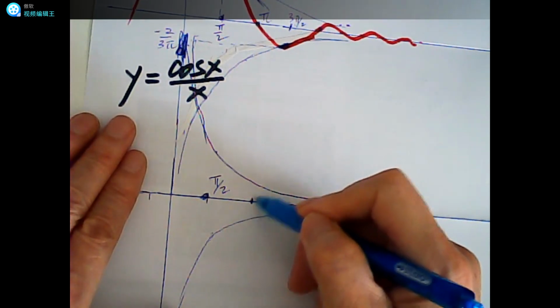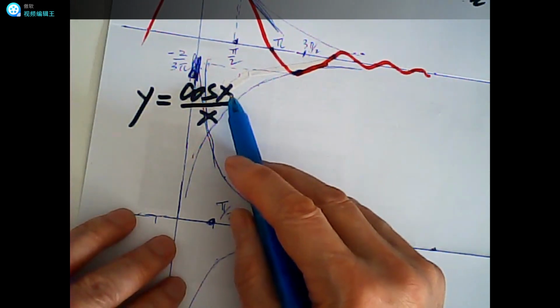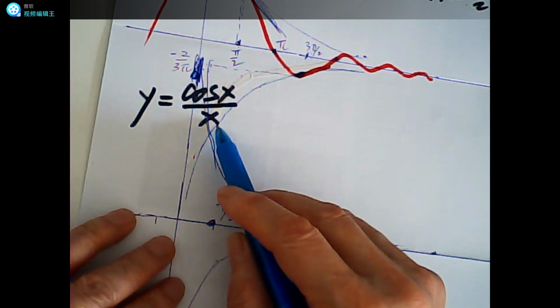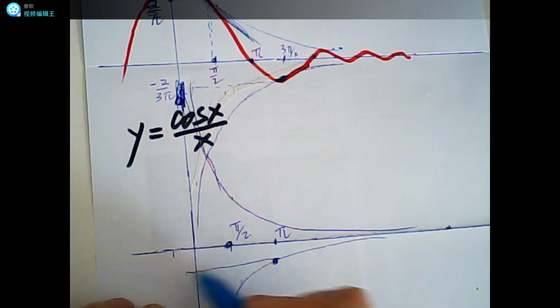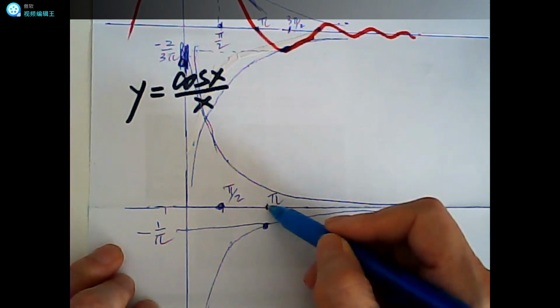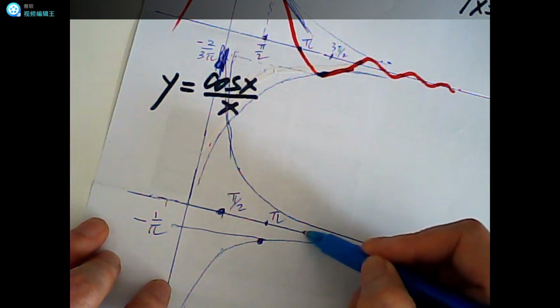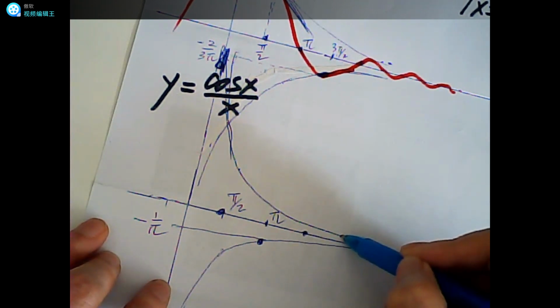For x equal to pi, cosine is negative 1, so this point is negative 1 over pi, the reciprocal. The next point is 0, and the next point is here.